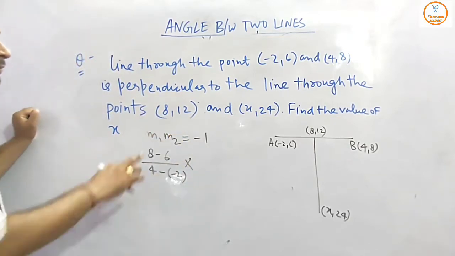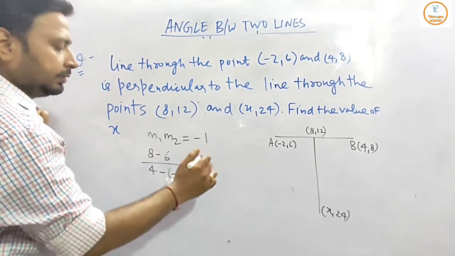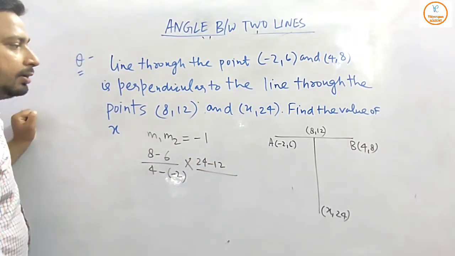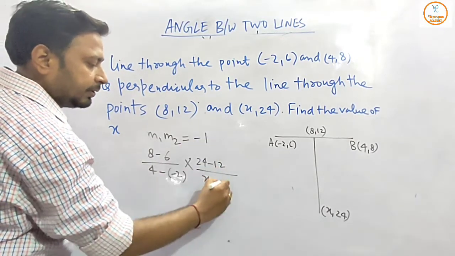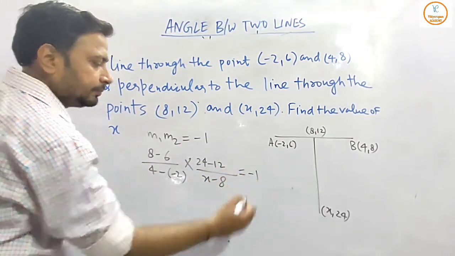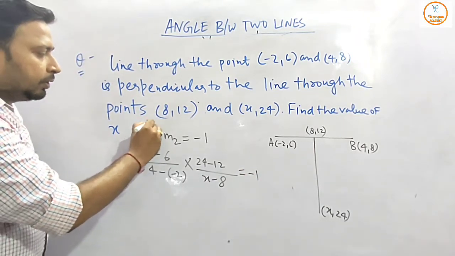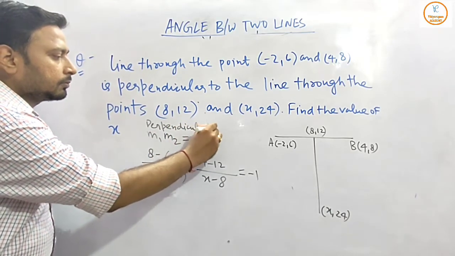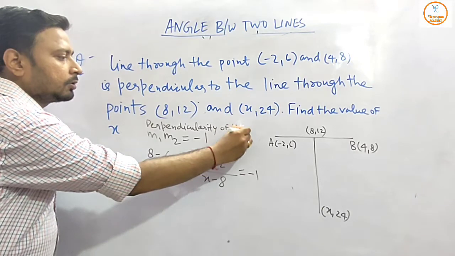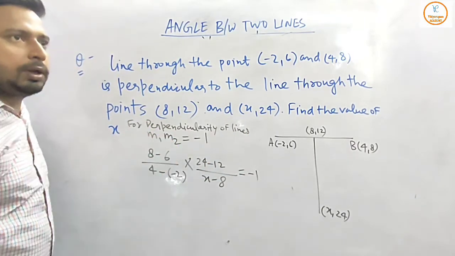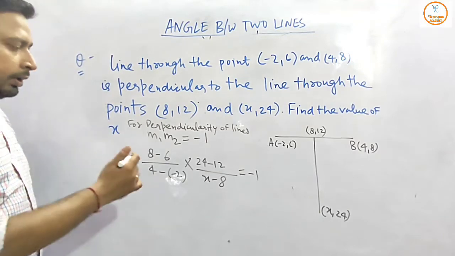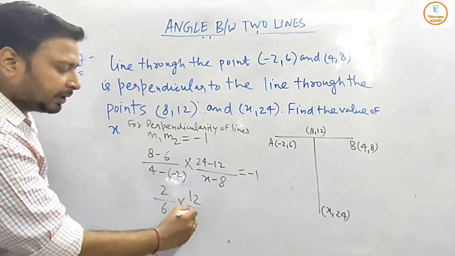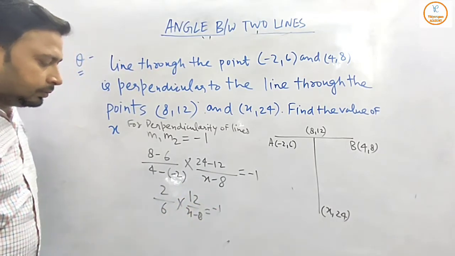Then m2 is y2 minus y1, 24 minus 12, upon x2 minus x1, x minus 8, is equal to minus 1. So 8 minus 6, 2, upon 4 plus 2, 6, into 12 upon x minus 8 is equal to minus 1.